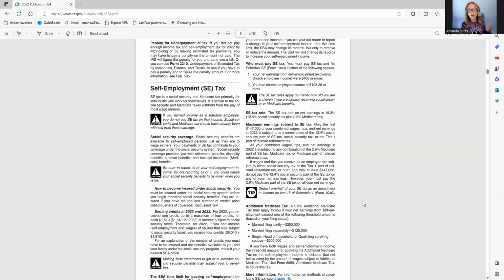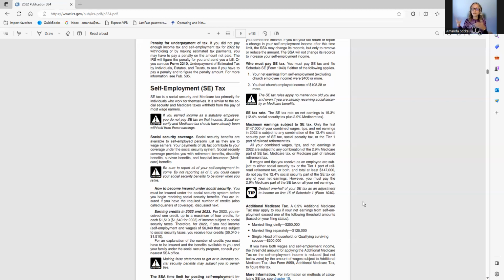So what this is saying is if you have a full-time job or you're an employee somewhere else, or you have other positions where you're having taxes withheld and your taxable income is accounted for elsewhere of at least $147,000, that means anything that you earn in your business or this side job or whatever you're doing as a business owner is not subject to that Social Security tax.